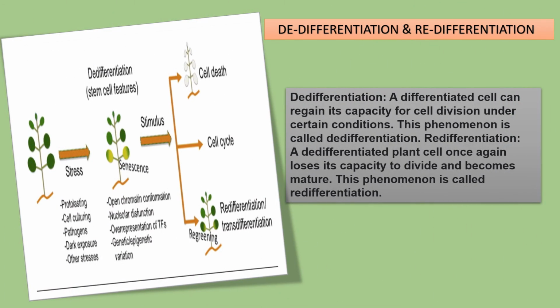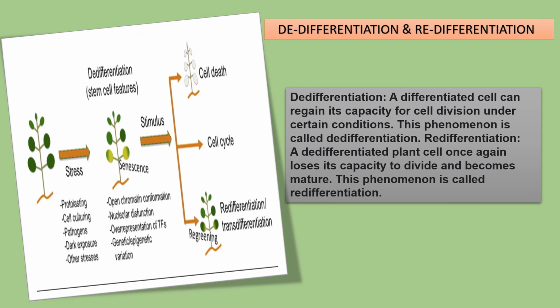Now, I am discussing two terms. One is de-differentiation and the second one is re-differentiation. De-differentiation: a differentiated cell can regain its capacity for cell division under certain conditions.